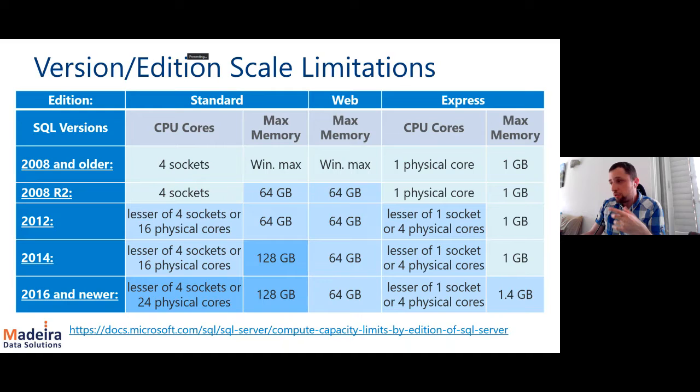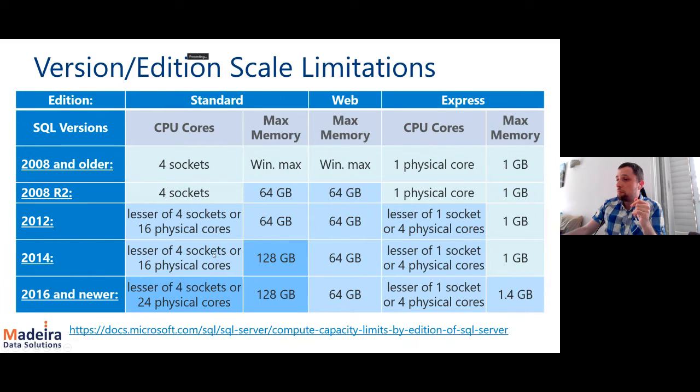So it depends on your scenario, whether it is only because of scale or because of specific features. It's up to you. But if you fall into the category of, I pay for Enterprise just because I want to have a bunch of memory used, then you should take that into consideration.